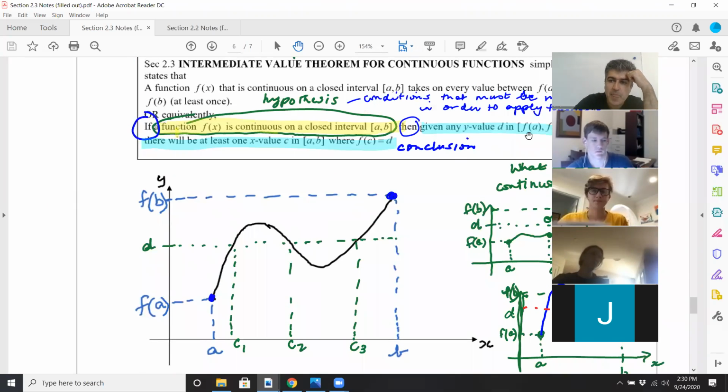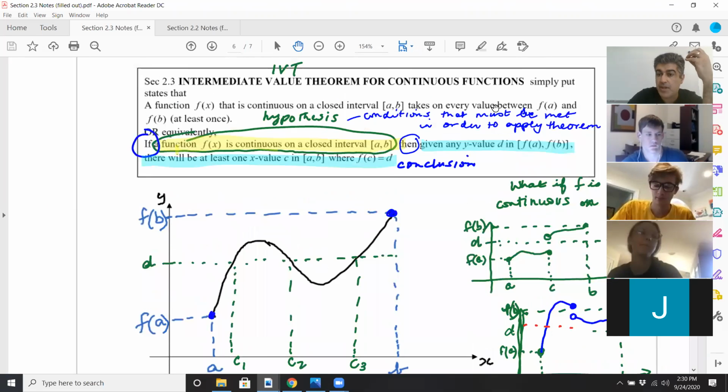So what is IVT? Let's break down the words. Intermediate means between, value means a number, and theorem is some sort of idea. What is this idea?